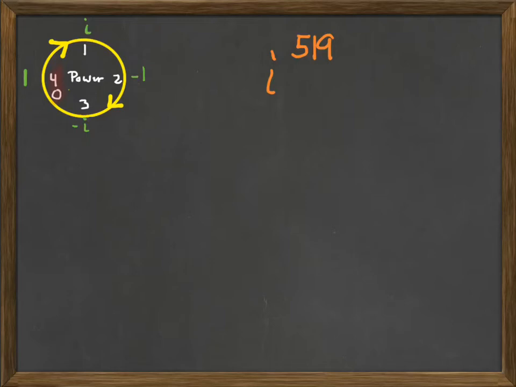We need to figure out how many times around that circle i went, and the best way to find out those groups is to divide it by 4, because that's a full cycle. So 519 divided by 4. 4 will go into 5 one time evenly. I subtract and I get a 1.